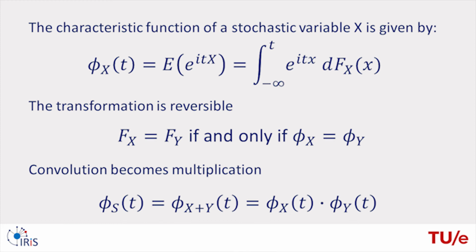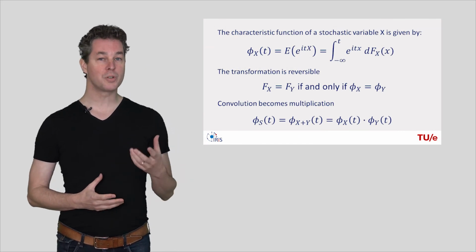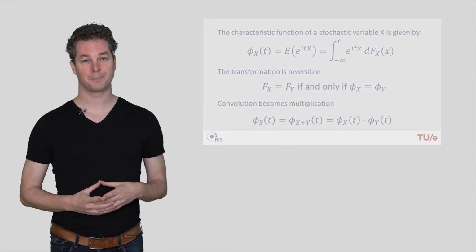So the characteristic function of S, the characteristic function of x plus y, is going to be equal to the characteristic function of x times the characteristic function of y. As electrical engineers often say, convolution in the time domain gives multiplication in the frequency domain.